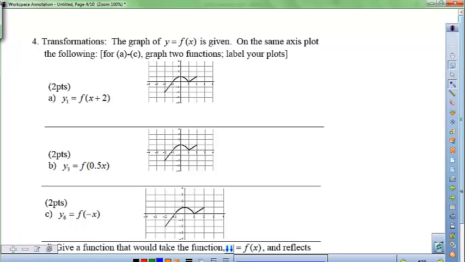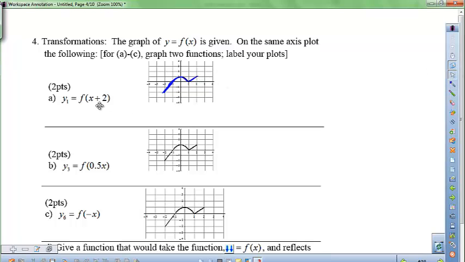Moving on to problem number 4, we have the graph of f of x given on the same axis. Plot the following. We have f of x plus 2. So this looks like it's a shift. Now if we draw the exact same graph over here, it's a little bit off, but let's see.